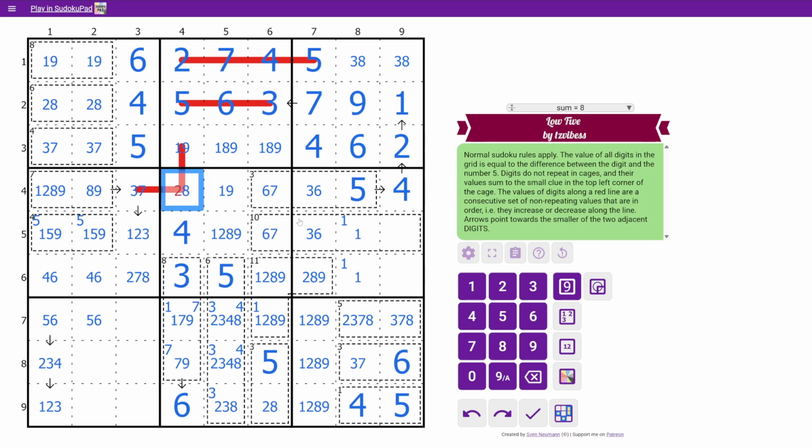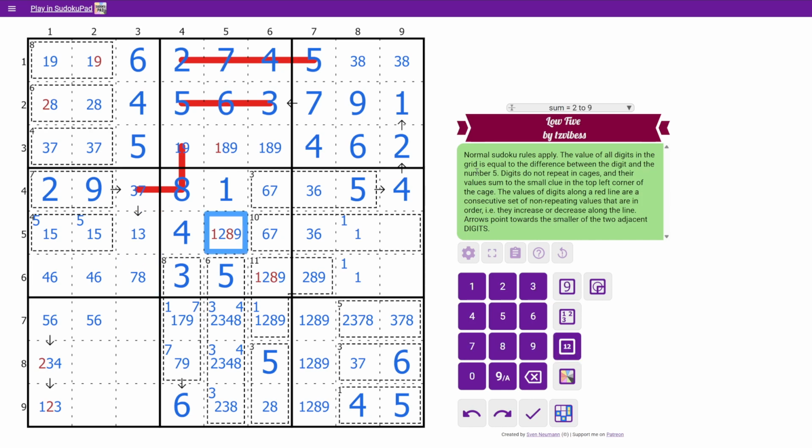Oh, there we go. Man, those red lines kind of make me not able to see certain things. Two 9 combo. Not gonna help.